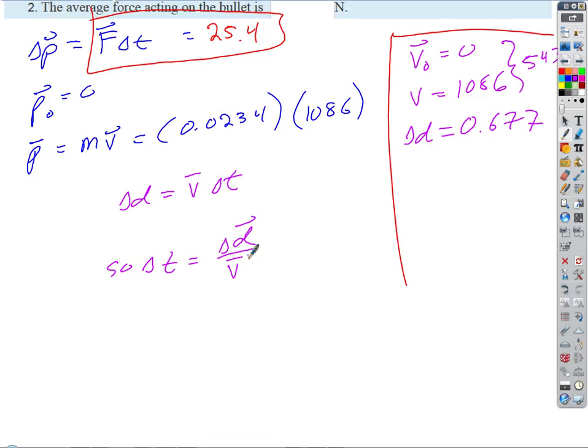So we could just put in delta D, so 0.677 divided by average velocity, 543. And what'd you get? Oh, actually, hang on. That's delta T. I got to multiply by force, right? Yeah. Okay. You see how we can do this?